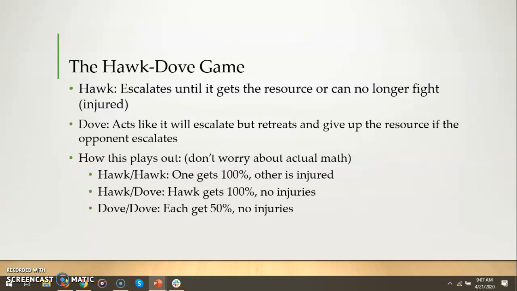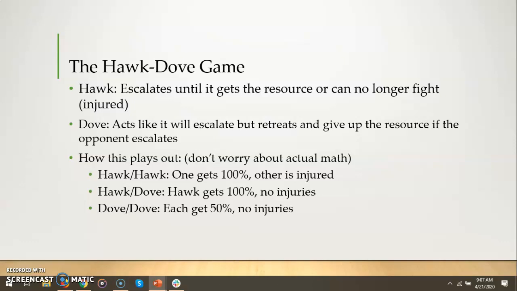Now, just like when we were talking about the prisoner's dilemma, there's also the evolutionarily stable strategy, or ESS. And so how to determine which role to play, the same as with the prisoner's dilemma, depends on basically cost versus benefit, or in this case, the cost versus the value of what you're fighting over.